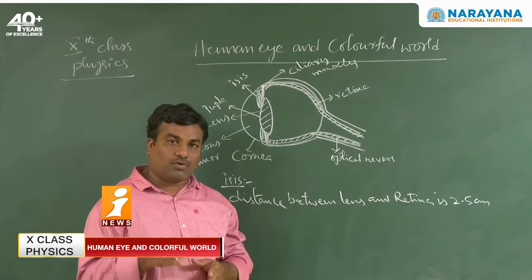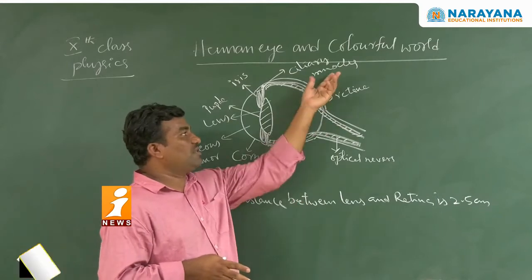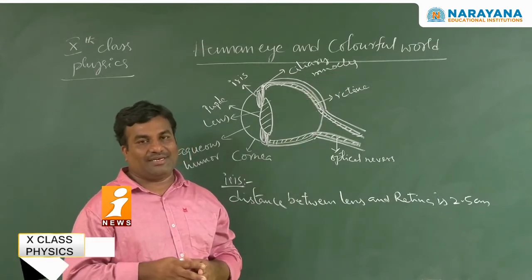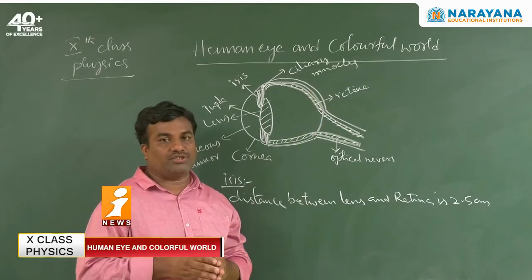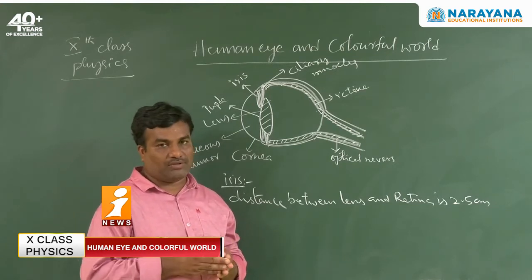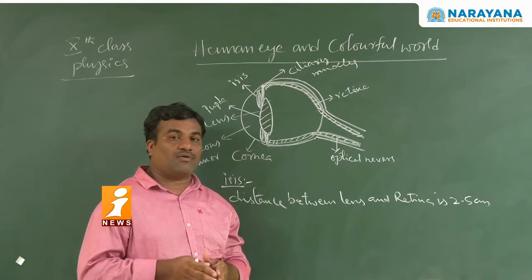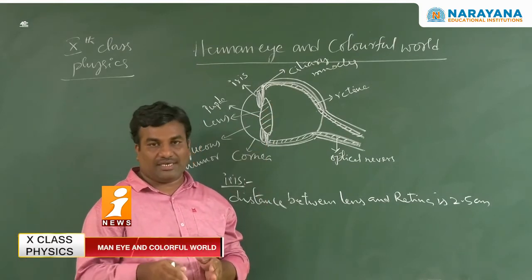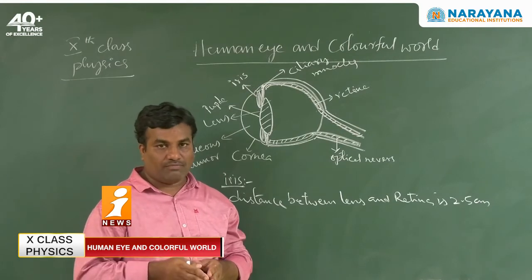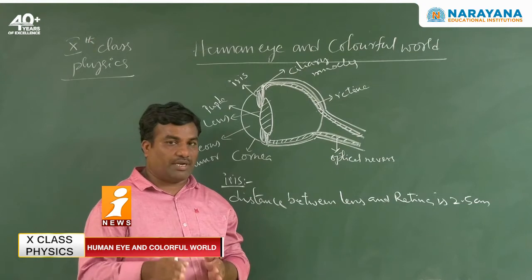Now we look at nearer or closer objects. When you focus on closer objects, the ciliary muscles are strained and change the radius of curvature, that is, the focal length of the eye lens. In this case the focal length of the eye lens decreases to its minimum. So again we get images on the retina. Due to the change of focal length of the eye lens, we get very clear images on the retina.